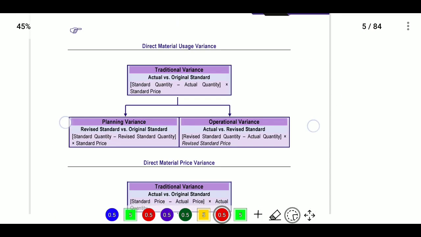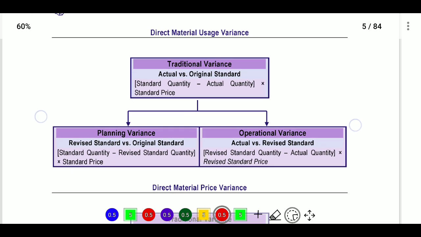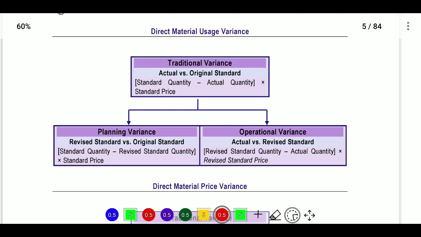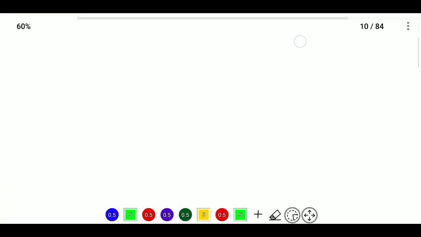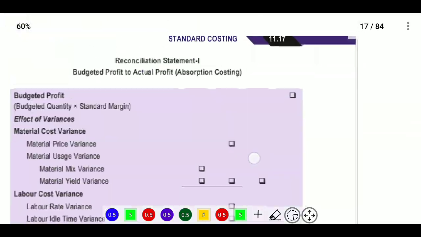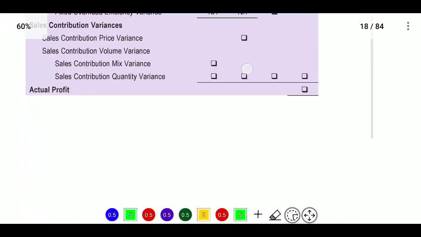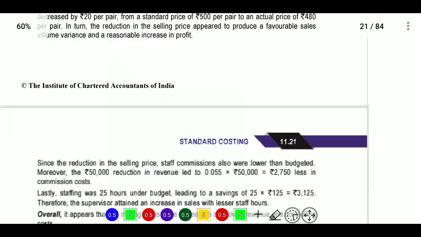Next, here we will see direct material usage variance. In this chapter we have many formulas. How many formulas do we have? Firstly, we will see one concept, the overall concept: the reconciliation statement.